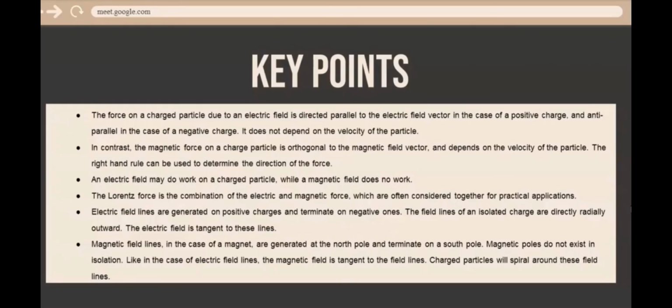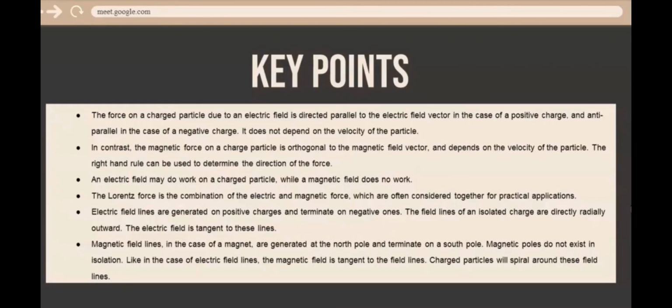The right-hand rule can be used to determine the direction of the force. An electric field may do work on a charged particle while a magnetic field does not. The Lorentz force is the combination of the electric and magnetic force, which are often considered together for practical applications.